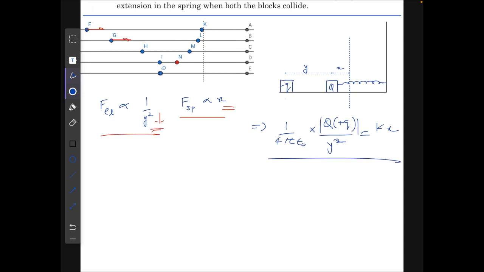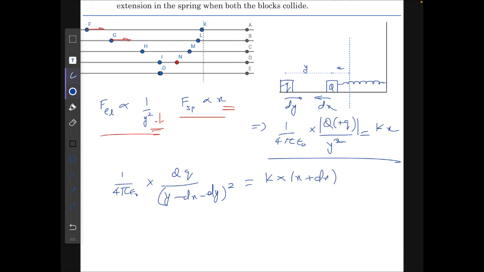Now let's say the negative charge block is shifted by a distance dy towards the first block, and due to this the first block shifts by a distance dx towards the negatively charged block. So from here what we get is 1 by 4 pi epsilon naught into q over (y minus dx minus dy) whole squared equals k times (x plus dx).